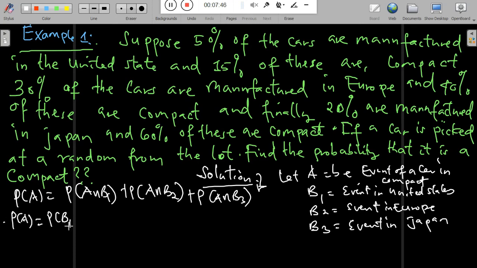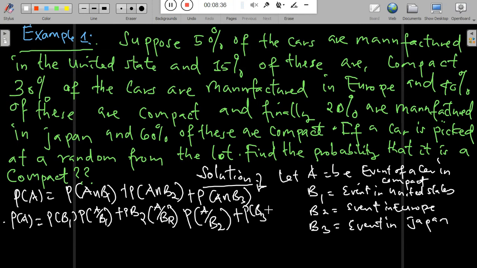When we apply the multiplication rule to the equation that we developed, we obtain the probability of A is equal to the probability of B1 times the probability of A given B1, plus the probability of B2 times the probability of A given B2, plus the probability of B3 times the probability of A given B3. So this is the general formula that you apply in solving this particular question.